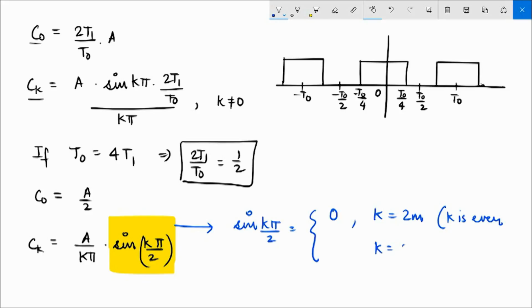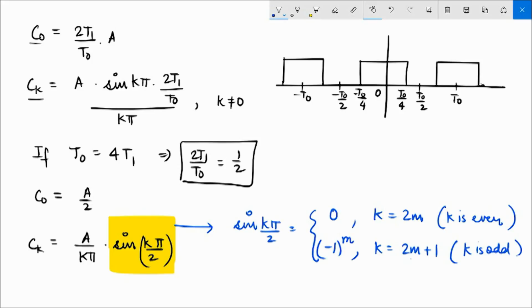And when k is some odd number, for example k is some 2m plus 1, in that case this value is actually minus 1 to the power m. Meaning when k is equal to 1, that means m is equal to 0. That time we found that sine k pi by 2 was equal to 1.